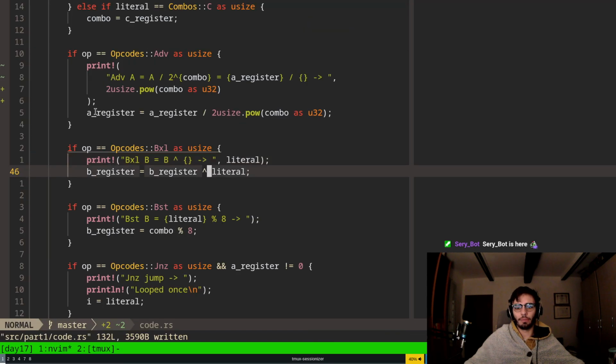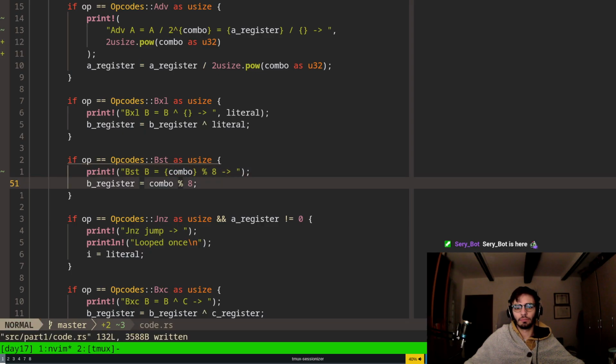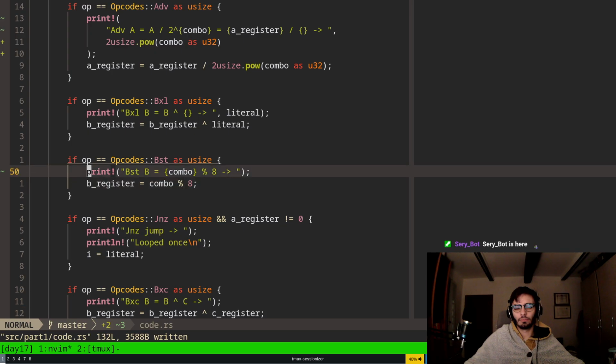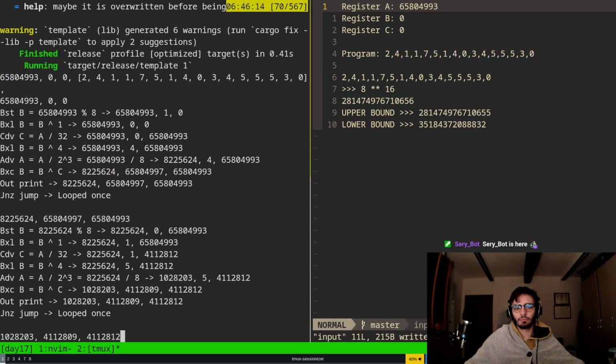Let's fix how my BST works, which is combo mod 8. Okay, so my A register mod 8 saved into B.